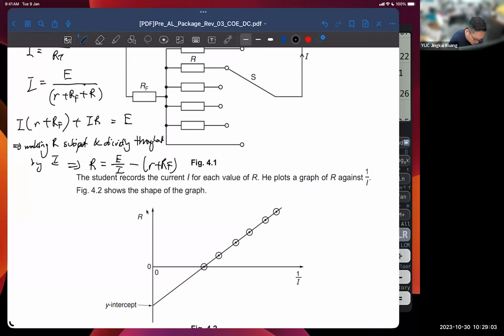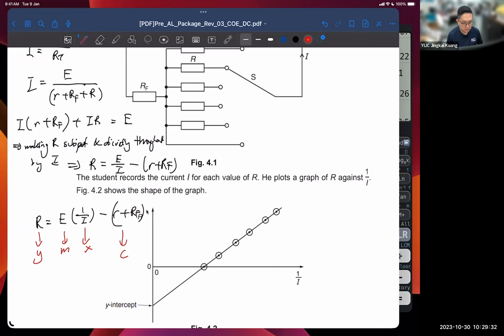Then continuing, I get R equals E times 1 over I, minus (r plus RF). So now our equation is formed. So this is my y, this is my m, this is my x, this is my c.